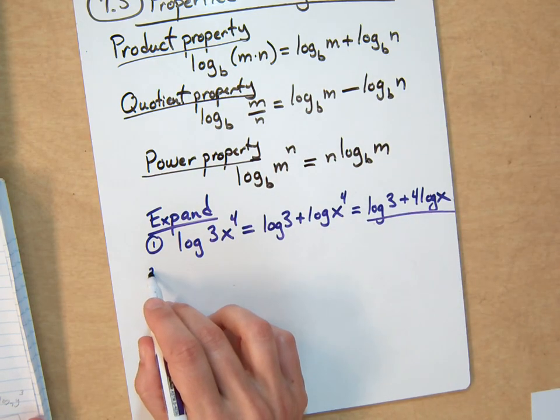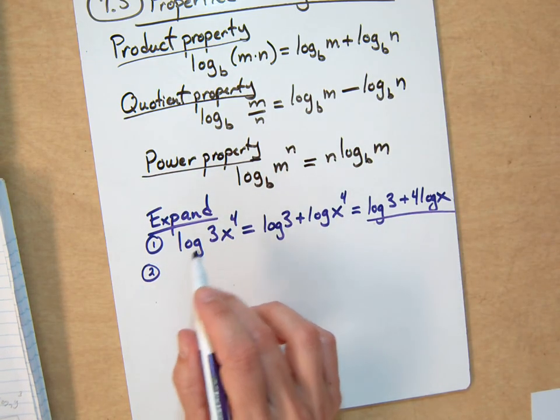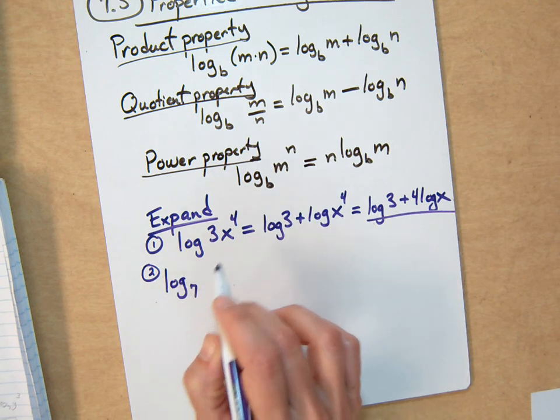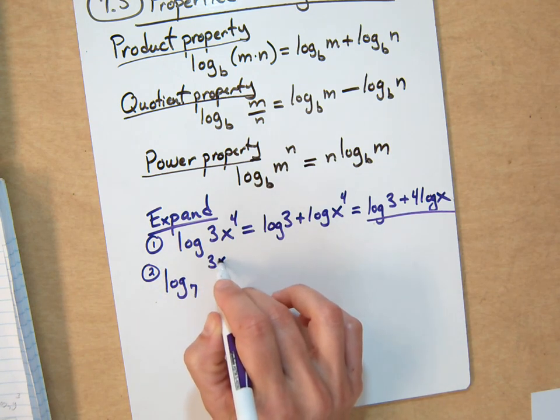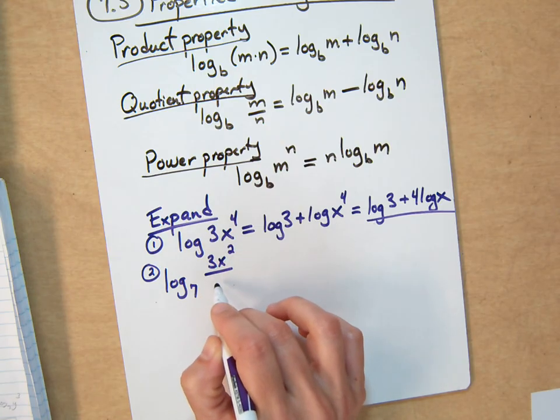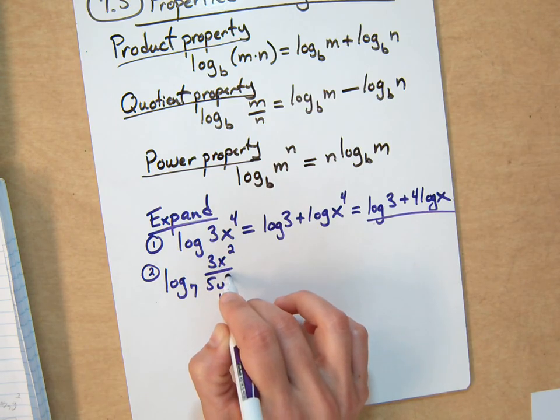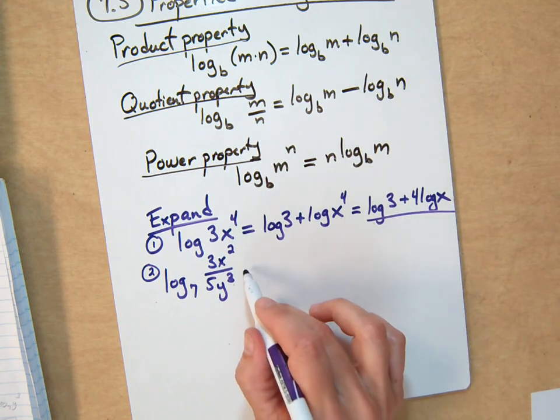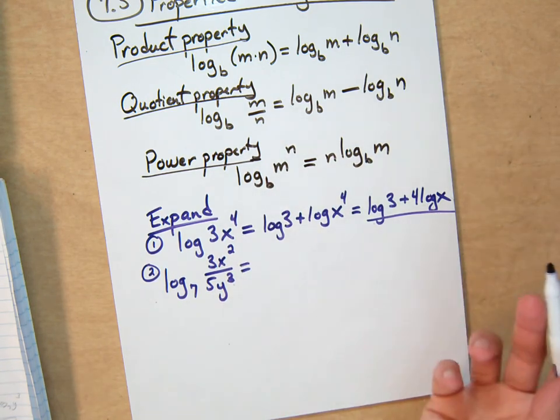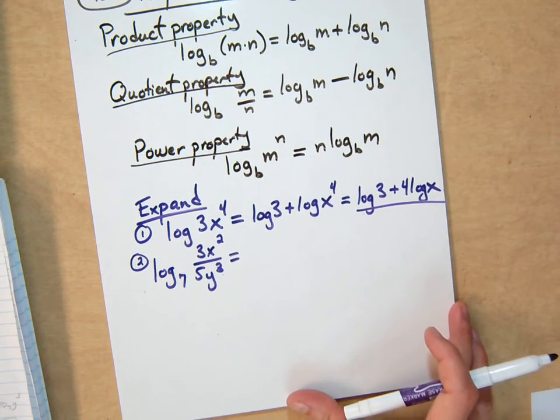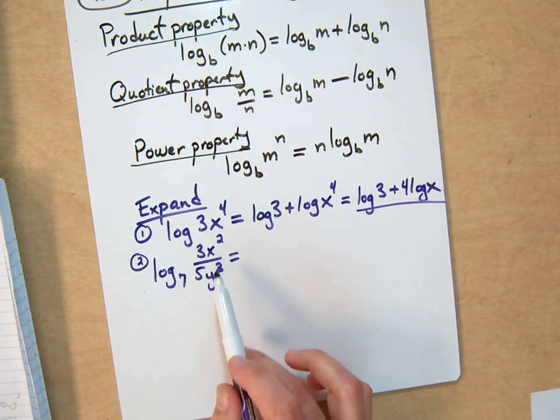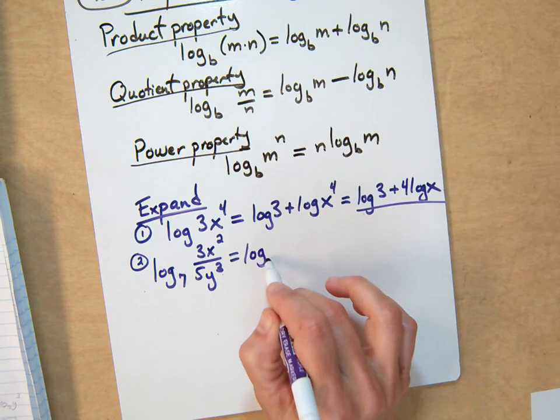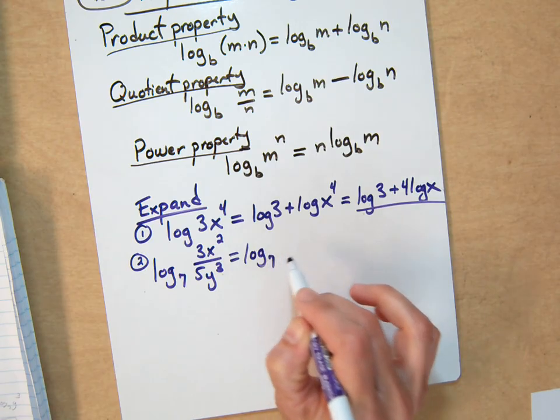So let's try the last expand example: log base 7 of 3x squared over 5y cubed. We're just going to expand it to practice using these properties. The first thing, we have division, so we separate it out into two different log expressions, and we use subtraction.